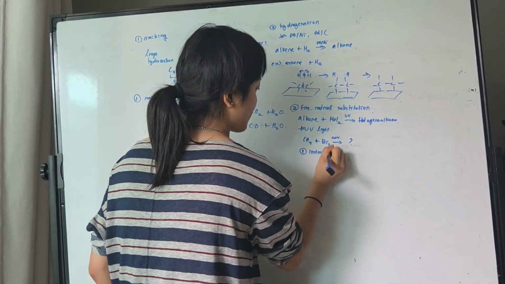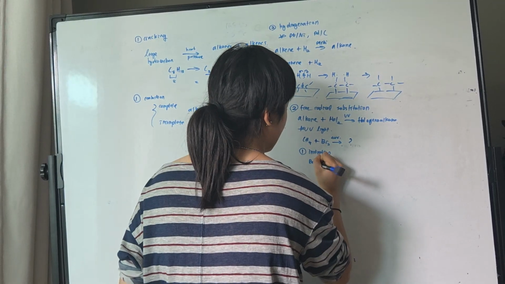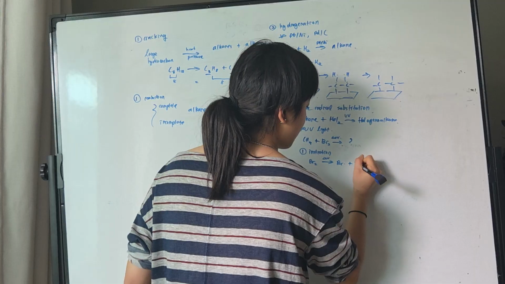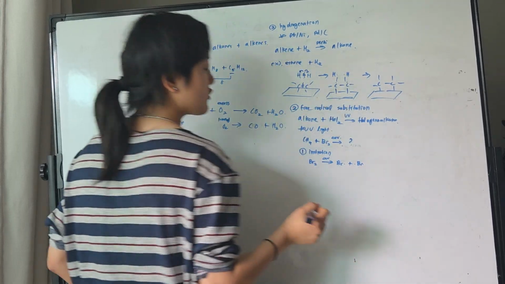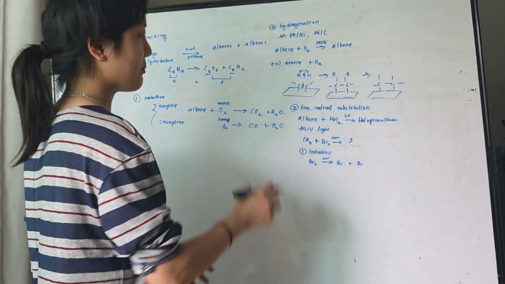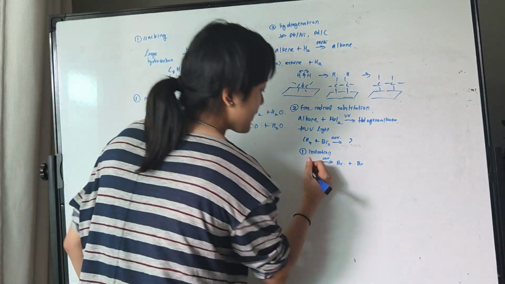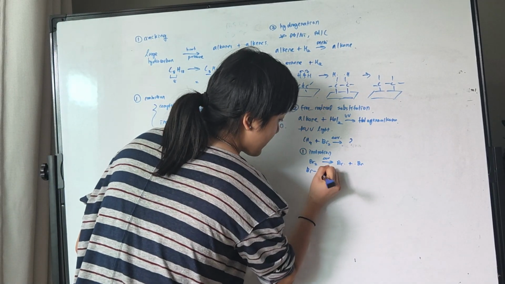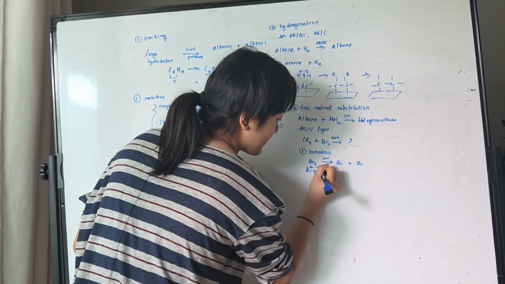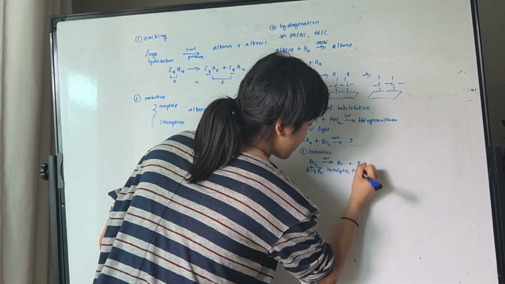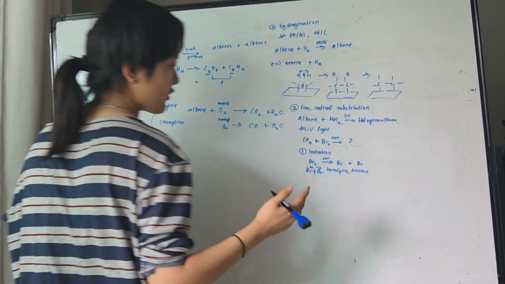Under initiation, we first see the halogen break up into two halogen radicals. So Br2 turns into a Br radical and another Br radical. If we look at it more specifically, we can see it go under homolytic fission. This is the initiation step.